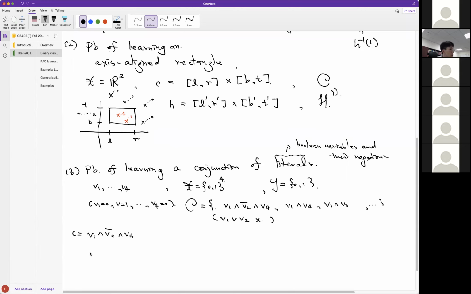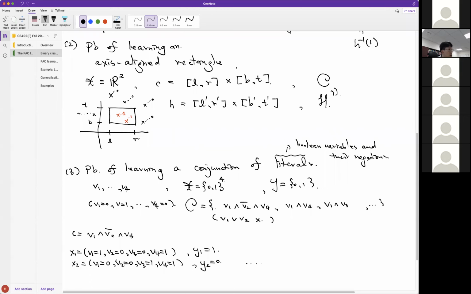The first example is v1 is 1, v2 is 0, v3 is 0, v4 is 1. This is example 1, and the value of y has to be equal to 1. The second example may be v1 is 0, v2 is 0, v3 is 1, v4 is 1. Then y2 has to be 0 because 0, 0, 1, 1 doesn't satisfy the concept, and so on. So we are given these examples.